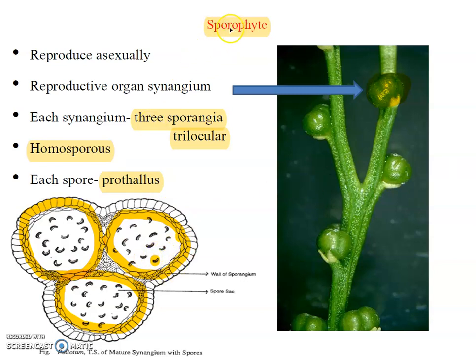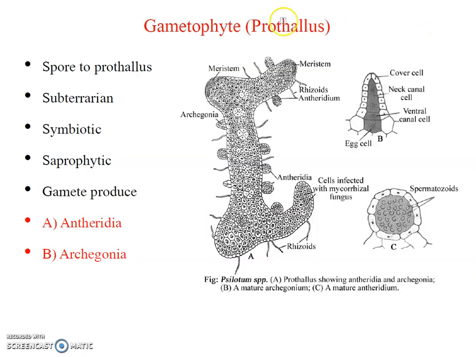This stage is called the sporophyte because it produces spores. The final product is spores, and these spores develop into the prothallus, the gametophytic stage. So the second stage is the gametophytic stage. In this stage, the spore develops into the gametophyte, called the prothallus.